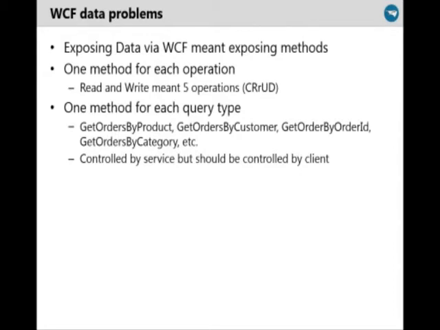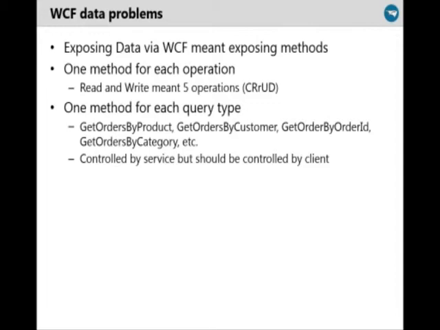Those of you who have tried to expose data through WCF in the past will find the motivation for WCF Data Services and OData very straightforward and easy to understand, because when you expose data via WCF, you're really exposing operations, right?